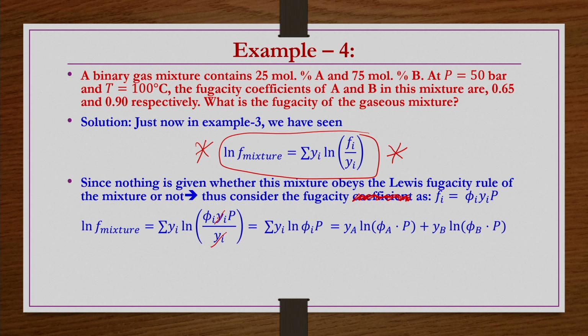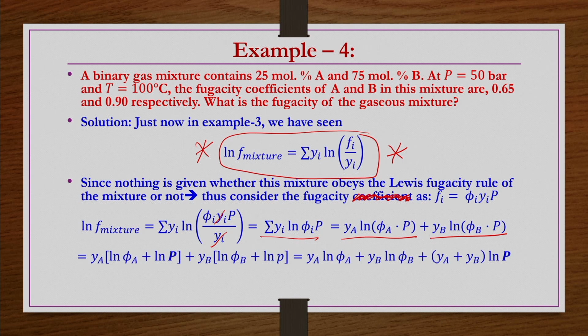So, this yi is cancelled out. That means sigma yi ln (phi i P). I can write this for a binary mixture like this. Then ln (phi A P) I can write as ln phi A plus ln P.